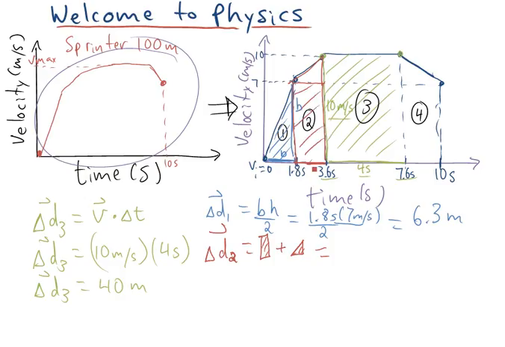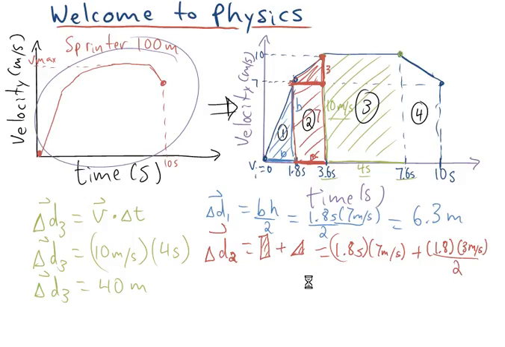It's length times width: 1.8 seconds times the height, which again is 7 meters per second. Plus this tiny little triangle up here whose base is the same, 1.8. The height is going to be 10 minus 7, so 3 meters per second, and we divide this one by 2.